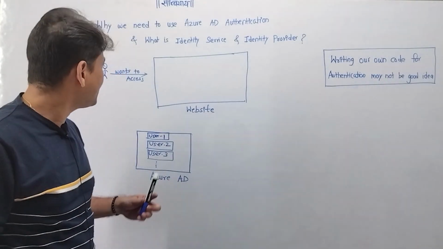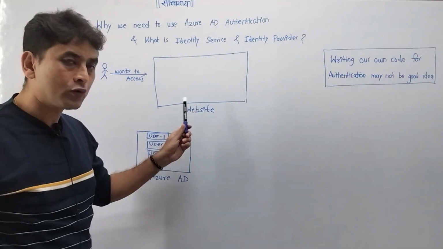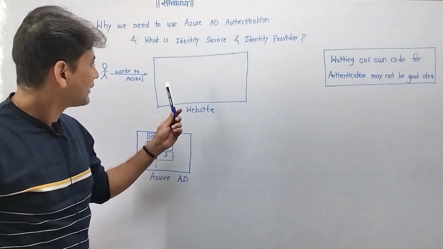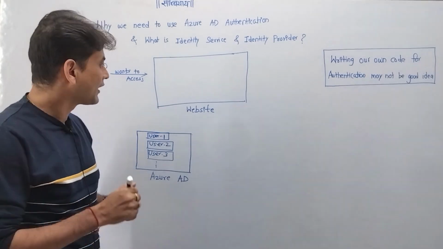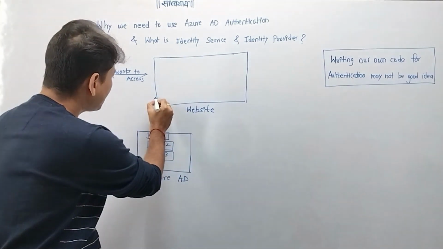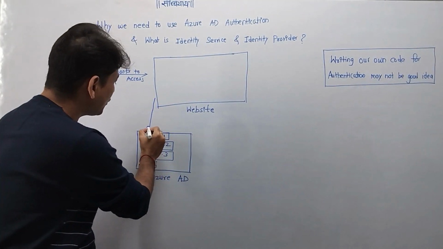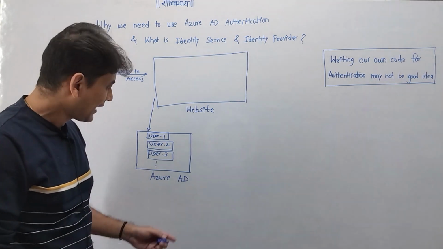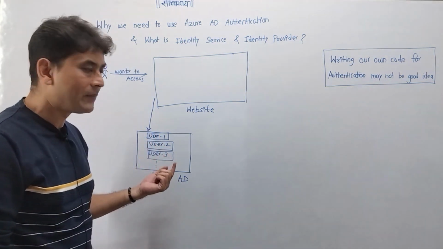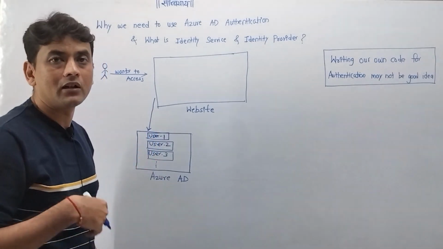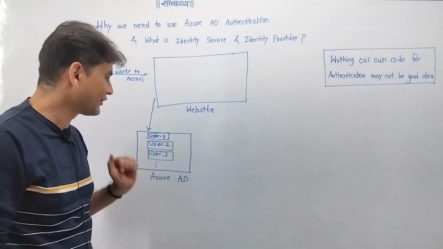And how it will work is, let's say this user wants to access this website. So this website will say, first make sure that you are an authenticated user. So from this website the authentication request will be sent to this Azure AD, and you can see this Azure AD contains the user's information. That is, let's say it has credentials for user 1, user 2, user 3.